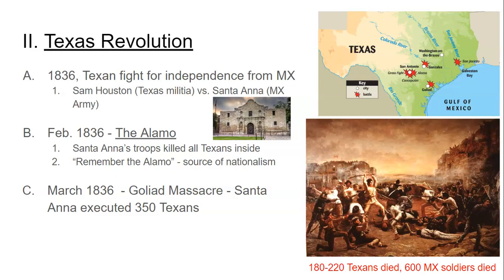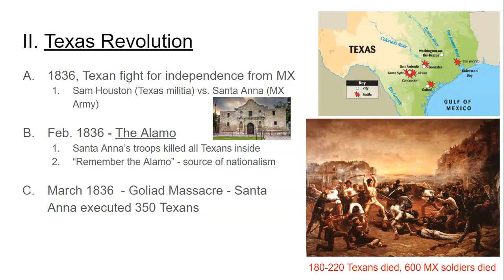And for several weeks, Santa Anna's troops bomb the Alamo on all sides. But the Texans try to hold the Alamo and just wait for reinforcements to appear. However, after a few weeks, it becomes clear that the Texans are losing energy, they're losing resources, and eventually they are attacked from all sides by Santa Anna's troops.